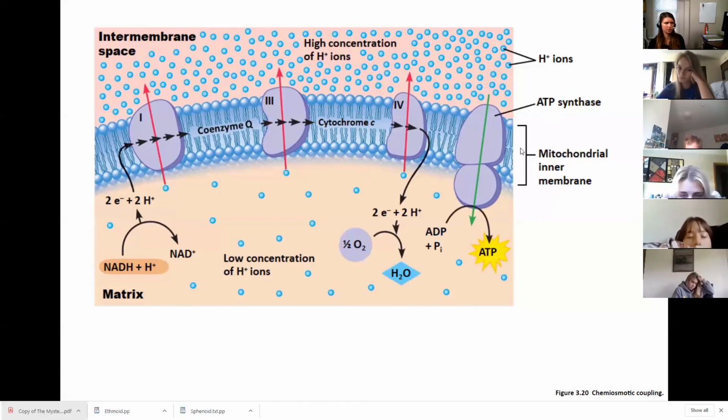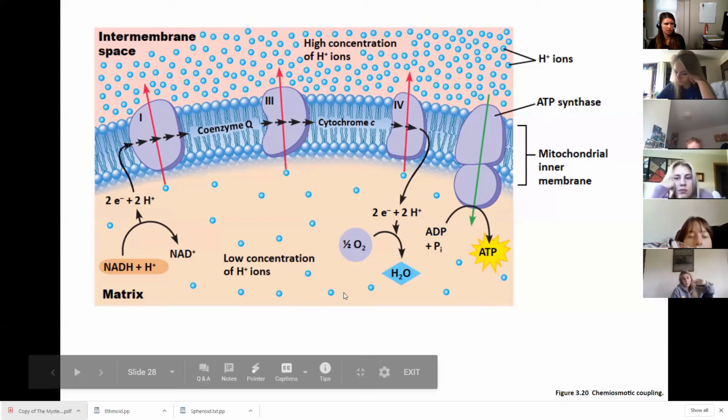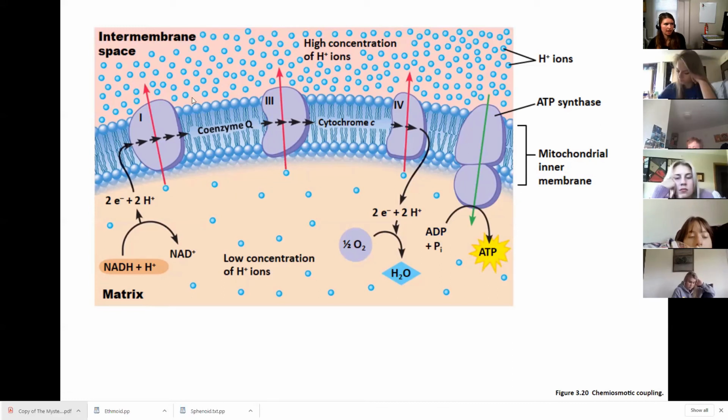So here is where we would have our little phosphate ions attached on to our ADP to produce ATP. This is really efficient. This is the best way to produce ATP. If you want to get a lot of bang for your buck, you want to get a lot of energy from your glucose molecule, this is the way to do it. But you need oxygen in this process because if you don't have this final electron acceptor, you can't run the chain.